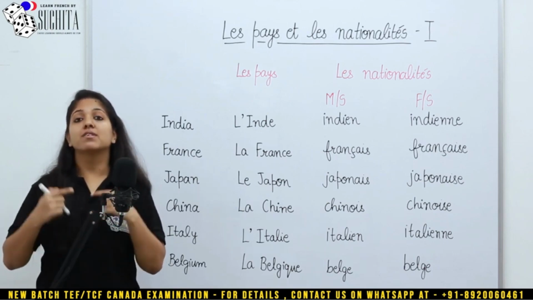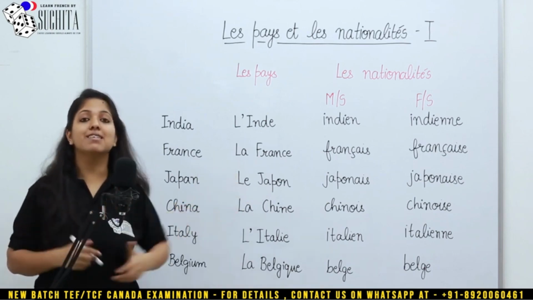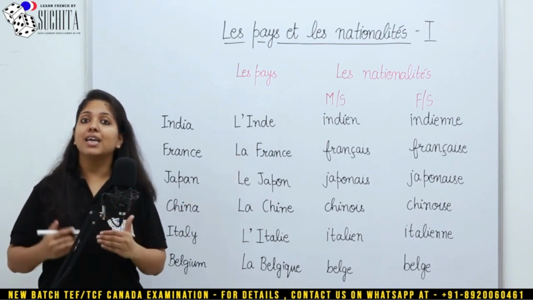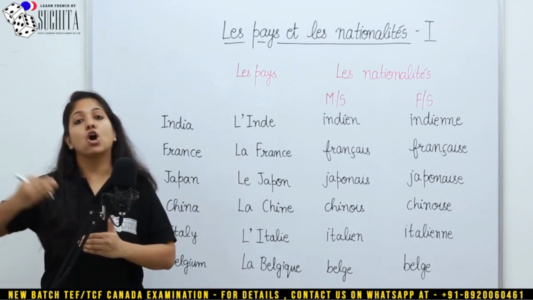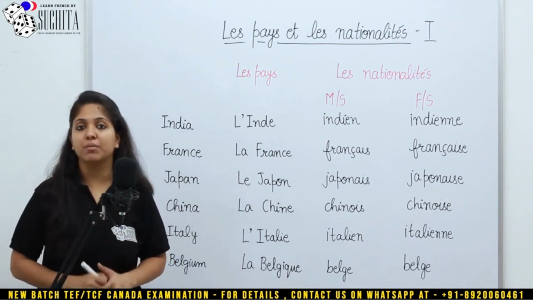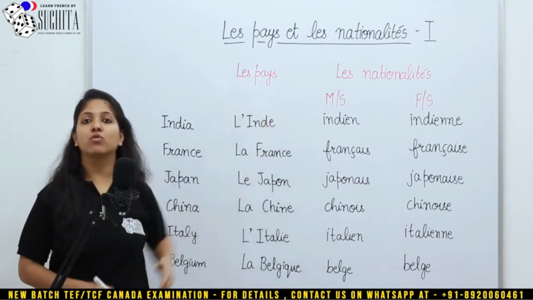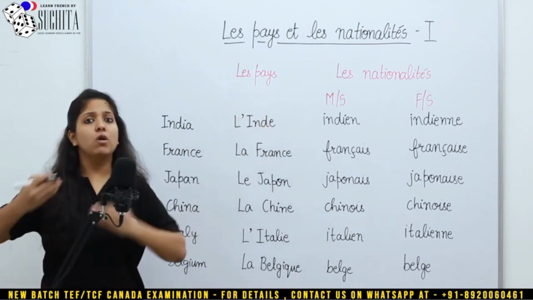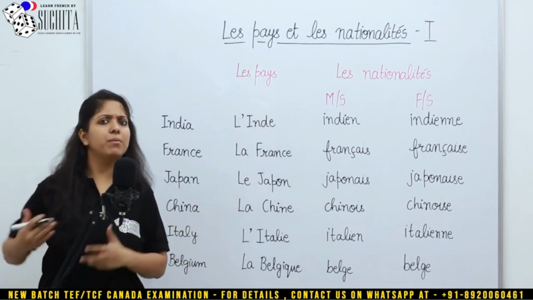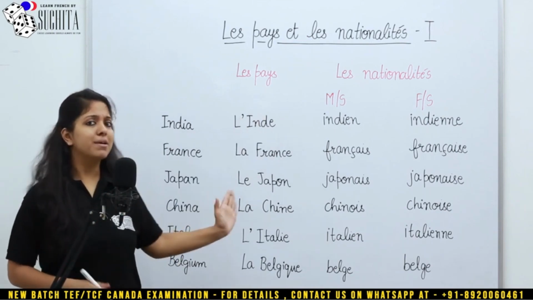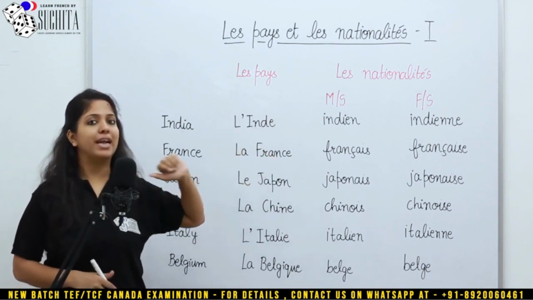So adjectives, or I should say nationalities in this case, agree in gender and in number according to the noun they describe. Let's learn how we write the masculine singular and the feminine singular. You can also write the masculine plural and the feminine plural of these nationalities, but since I don't have the space, I did not write that.